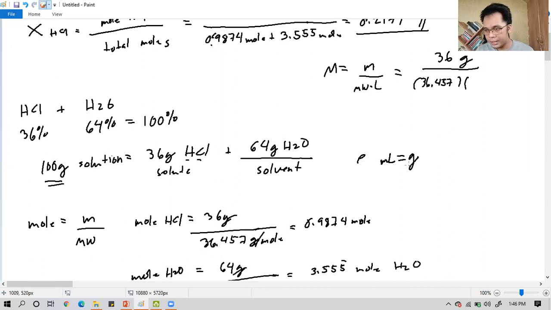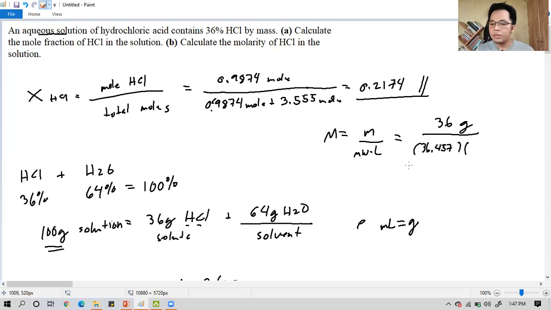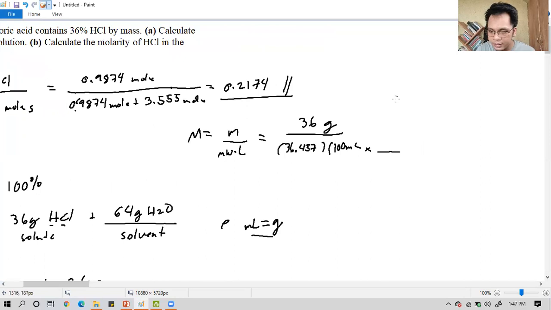Okay? Assume na natin yan. So, we have 100 ml, kasi nga, grams is equals to ml. So, we have to convert this into liter. Ayan. So, 100 ml, there is 1,000 ml per 1 liter.